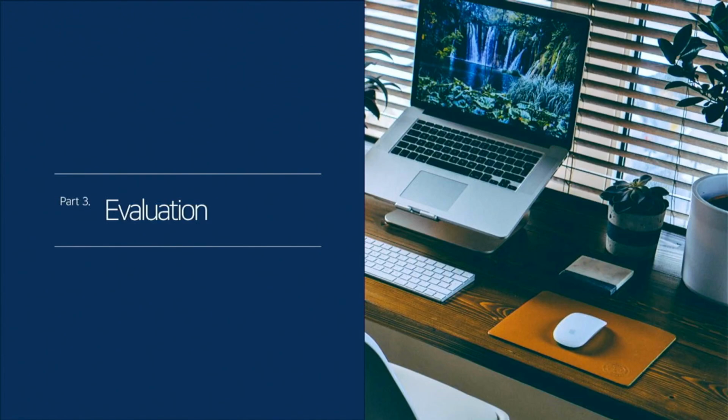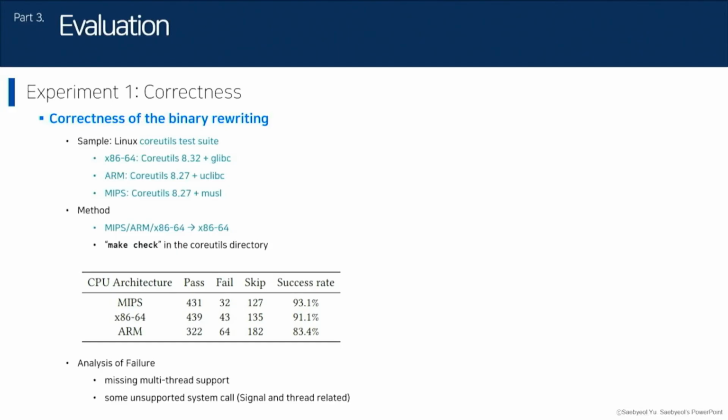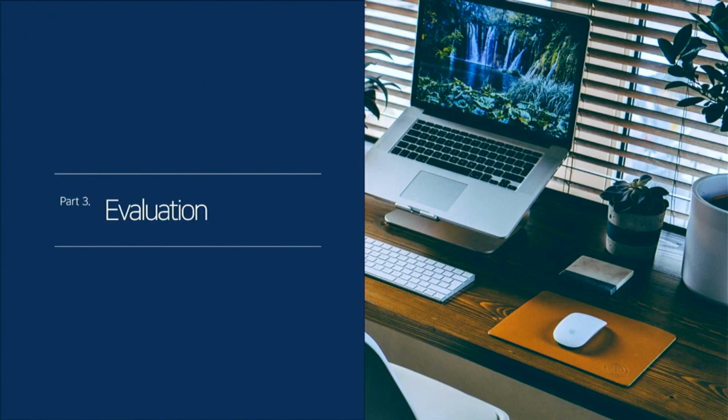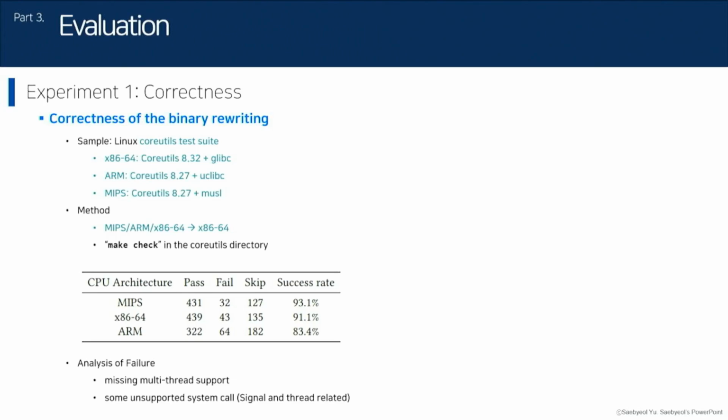We evaluated the accuracy of our binary rewriting implementation, as well as the stability and speed enhancement of our hybrid execution method. First, to measure the accuracy of binary rewriting, we used the test suite provided by Linux coreutils.